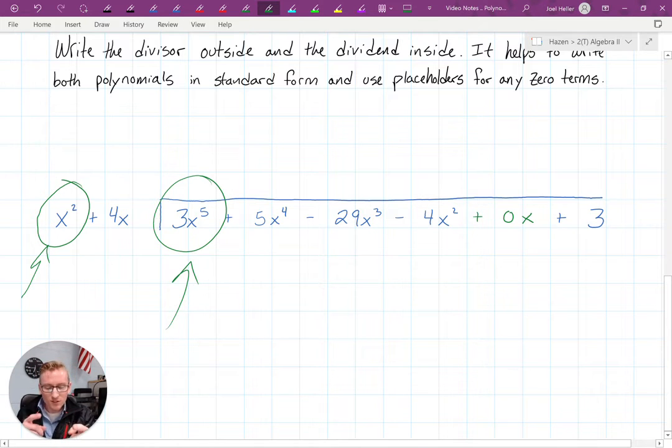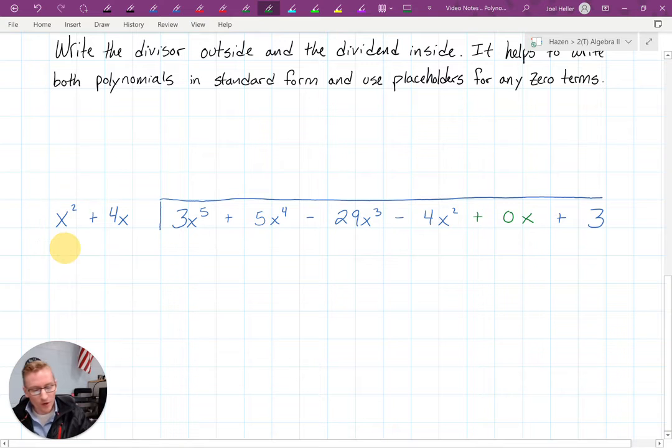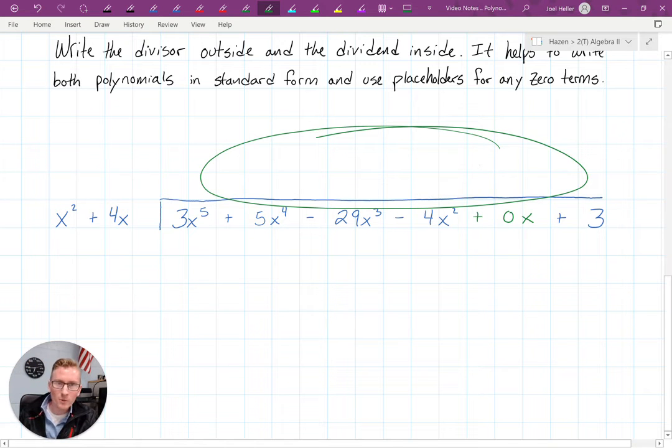So I've got to find something to multiply x squared by to get 3x to the 5th. What do I multiply x squared by to get 3x to the 5th? That would be 3x cubed. So the number that's going to go up here on top is the number that you multiply by this in order to get this. So it's the 3x cubed.